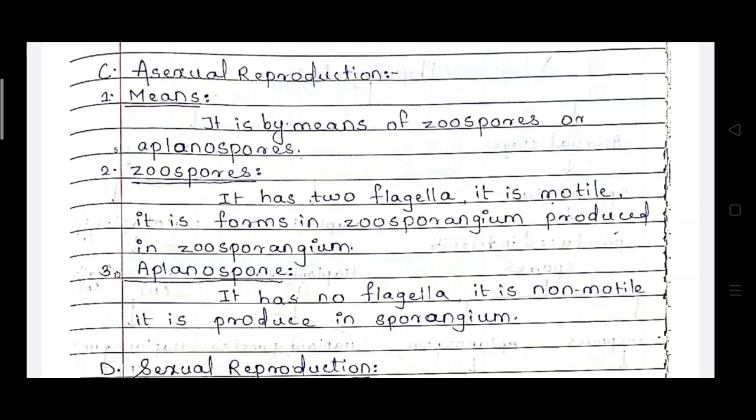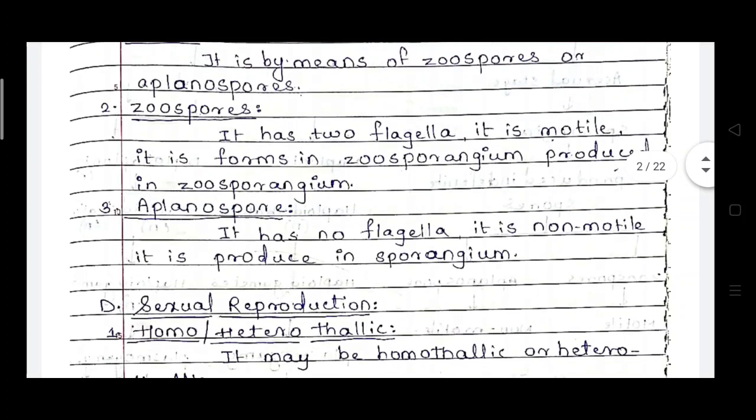In that reproductive organ, motile spores with two flagella are produced, called zoospores. Aplanospores have no flagella, are non-motile, and are produced in the sporangium. So there is a difference between zoospores and aplanospores: zoospores have flagella, are motile and present in the zoosporangium, but aplanospores have no flagella, are non-motile, and are produced in the sporangium.